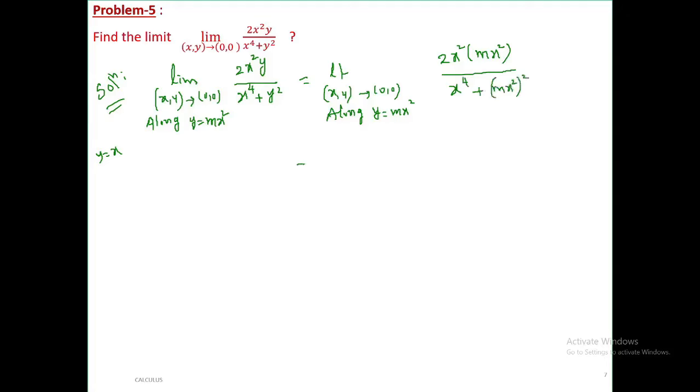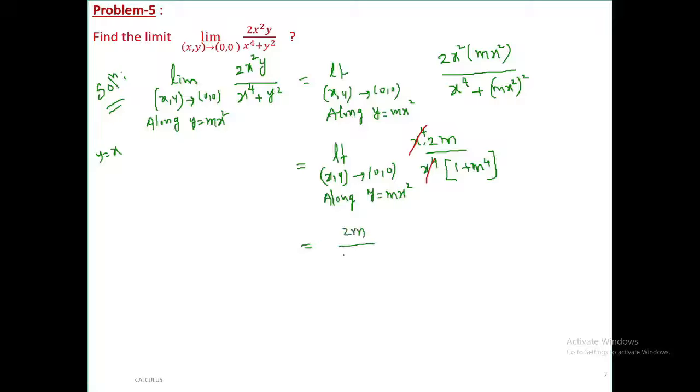Now this will be 2m, because the x power 4 in the numerator will be cancelled out with the denominator. If you want, you can write x power 4 into this, and in the denominator, x power 4 is common, we will get 1 plus m power 4. This 2 is out, x power 4 is out. Therefore what is the limit value now? Only 2m by 1 plus m power 4.